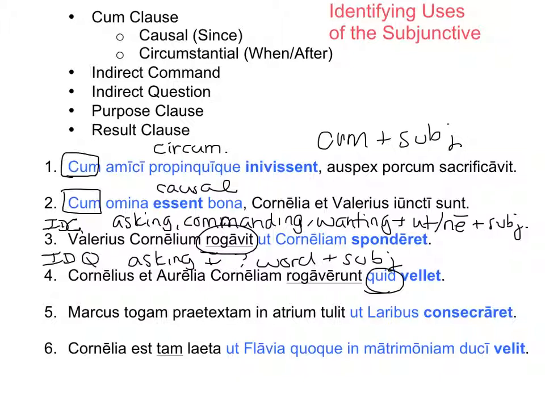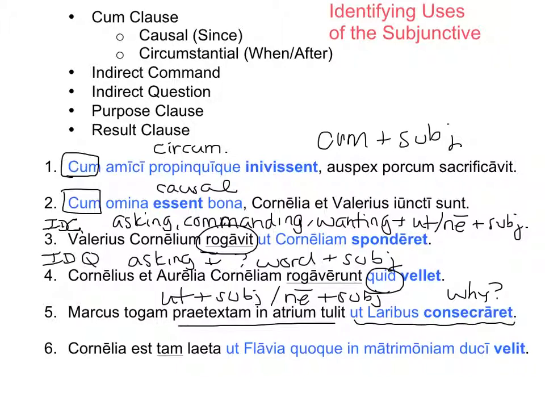Did he carry it in such a way that he sacrificed it, or did he carry it in order to sacrifice it? If he carried it in order to, that's showing the purpose, the reason why he carried it, and that's what we have here. So we have ut plus the subjunctive. If it was negative, I'd have ne plus the subjunctive. And it's explaining the purpose of that main verb. So why did he carry it? He carried it into the atrium in order to sacrifice it to the Lares.